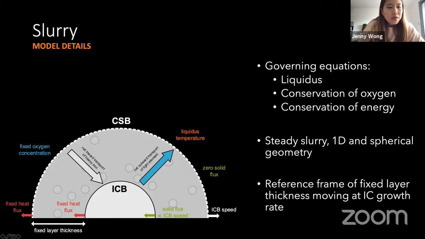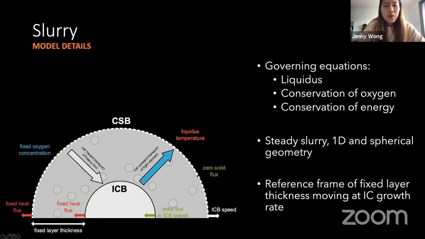And just going through the boundary conditions that I impose on this system. I fix the oxygen concentration at the top of the layer, which from other studies is maybe estimated to be about 8 mol%. I also constrain the temperature at the top of the layer to be the liquidus temperature obtained from other sources like mineral physics experiments.